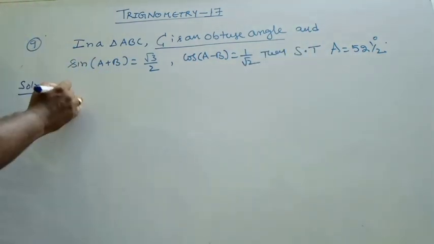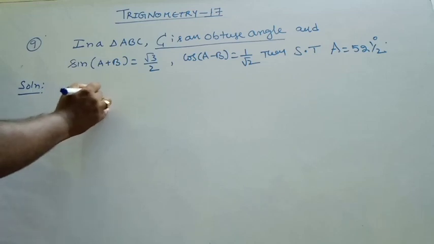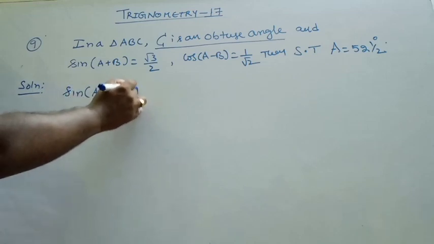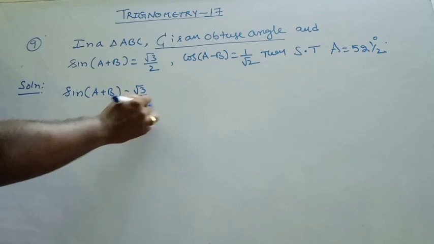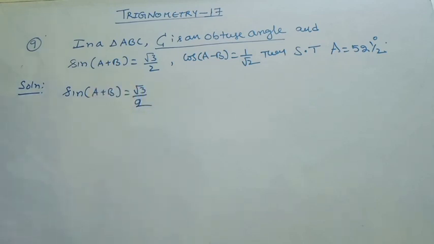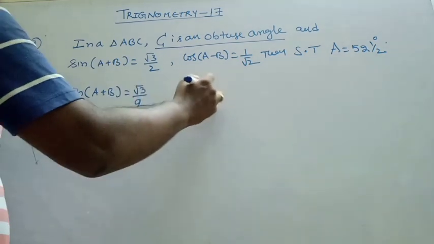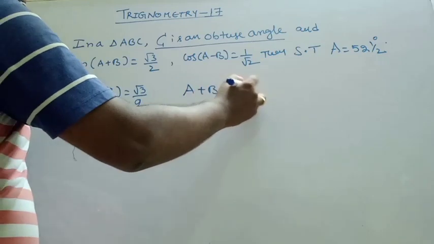They have given that sin(A plus B) equals root 3 by 2, and C is an obtuse angle. In a triangle ABC, you know that A plus B plus C equals 180 degrees.